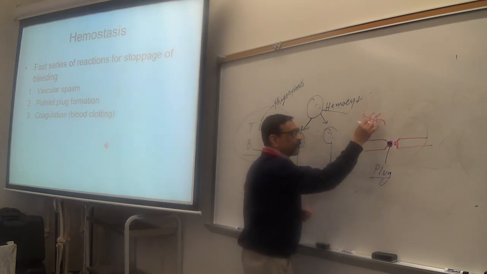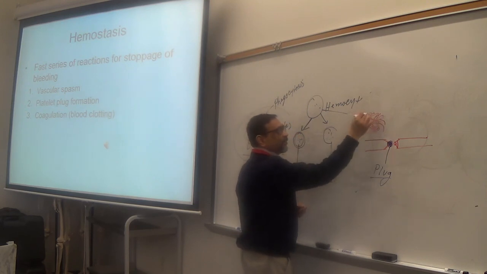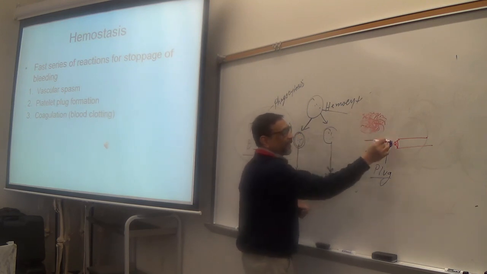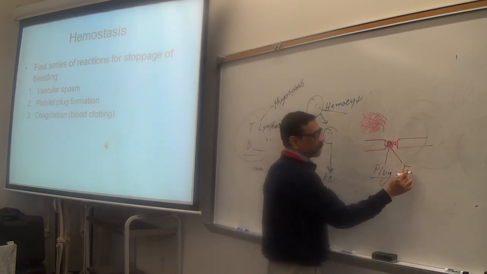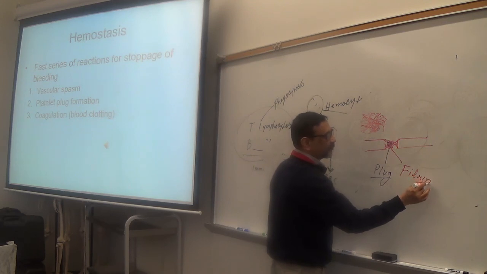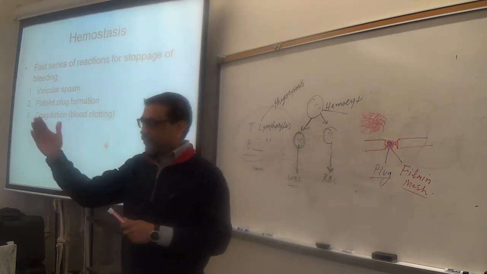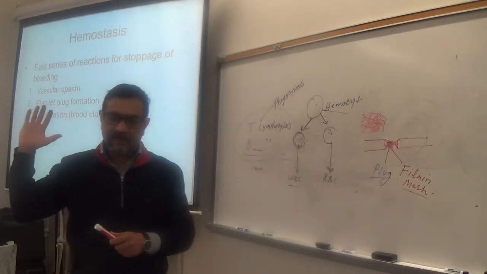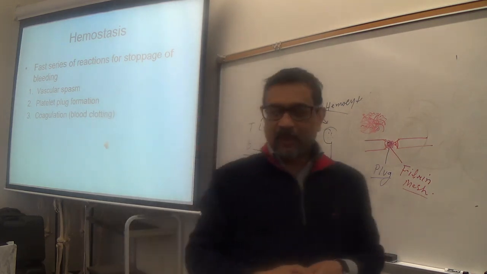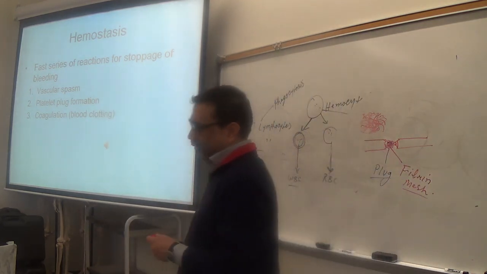That plasma protein will form a net or mesh. We say fibrin mesh, and that will cover that plug to make it stronger. So that is coagulation. Fibrinogen forms fibrin net. That is called coagulation.